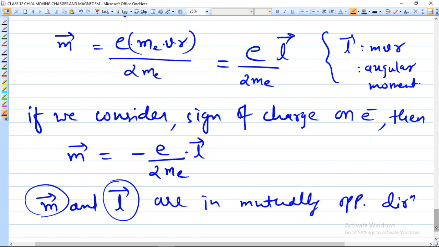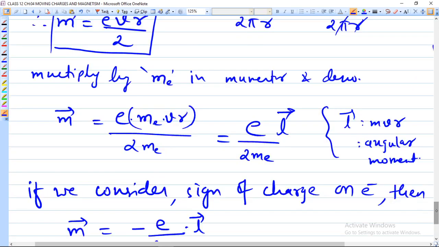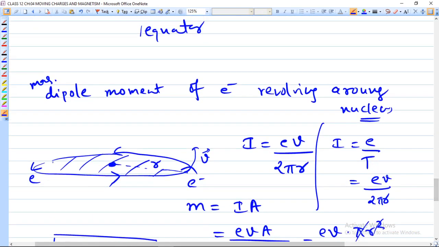Listen carefully. The electron is revolving like this, so the current will flow in this manner. Because current is flowing like this, put your right hand thumb here and you will get that the magnetic field will be in this direction, which is nothing but the direction of magnetic moment.